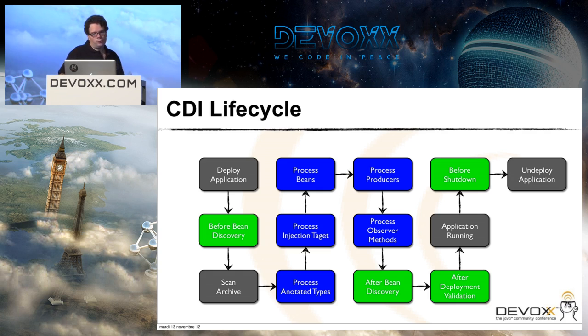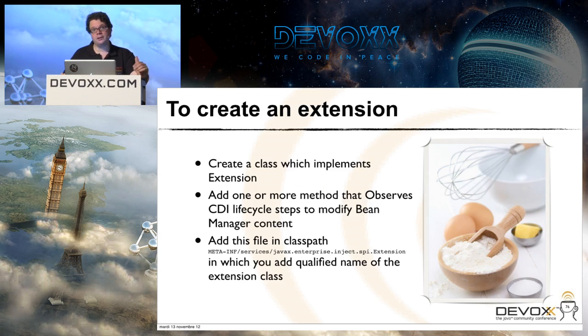That's the same for the producers, the same for all the methods that observe events. After that, I have one unique step after the bean discovery, and a final step after the deployment validation. After that, my application is running, and I have a final step at the end of the application that I can use, but we don't normally use it.